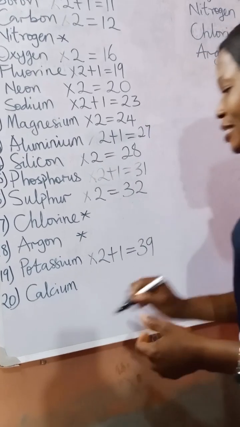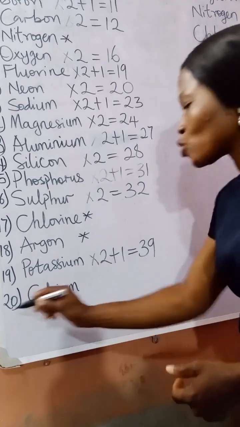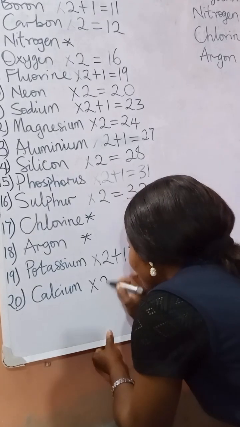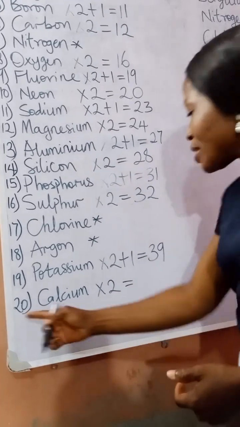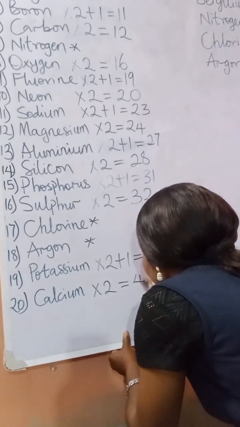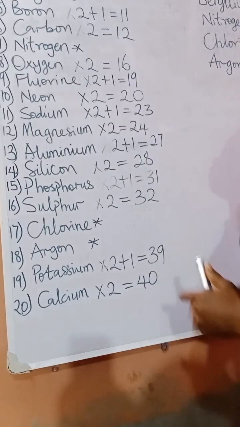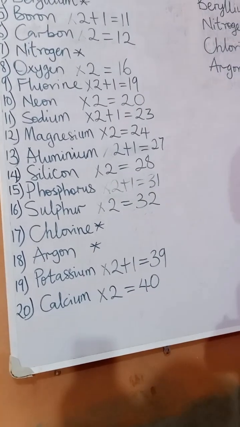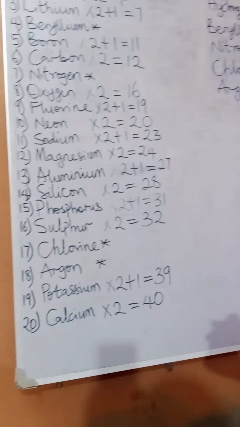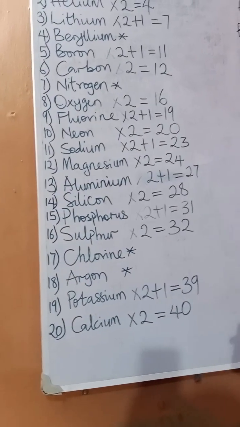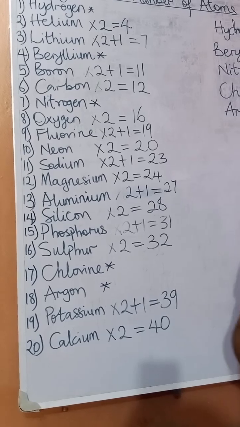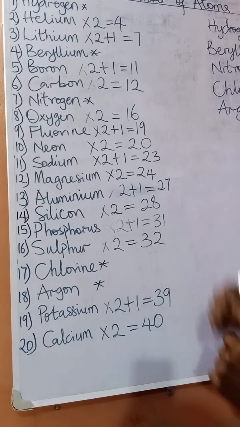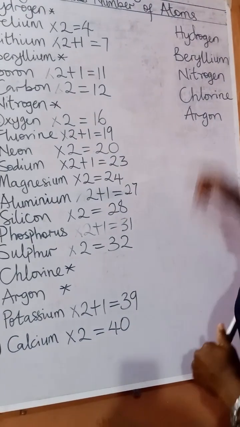The last but not the least is our calcium, atomic number 20, times 2. Since it's an even number, we just multiply by 2. 20 times 2 is equal to 40. So, this is the trick with which we can conveniently find the mass numbers of the atoms of the first 20 elements.